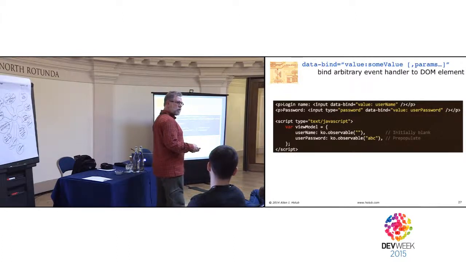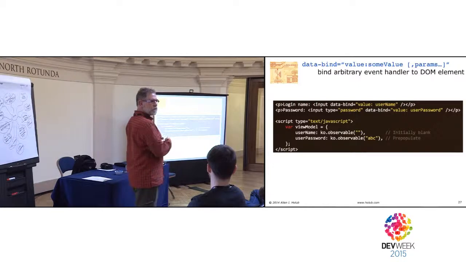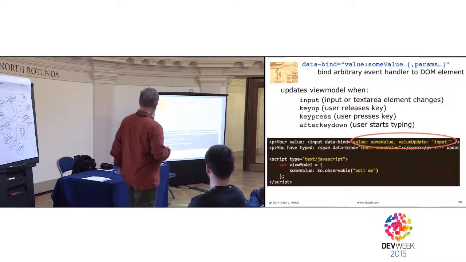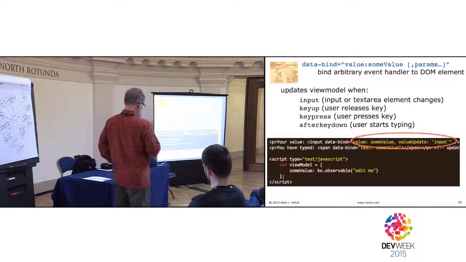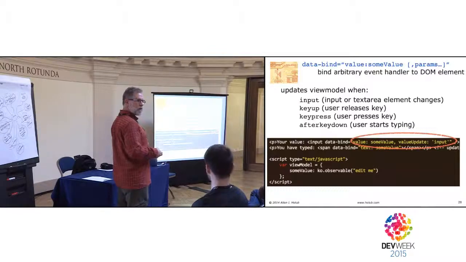The questions were coming up earlier about going in the other direction, to the input elements. Here's how to do it. Essentially, we're binding to specific events that happen inside the input elements as the input element is being manipulated.